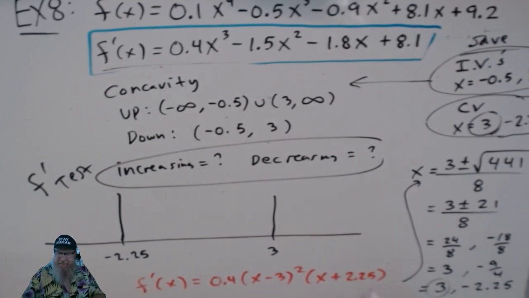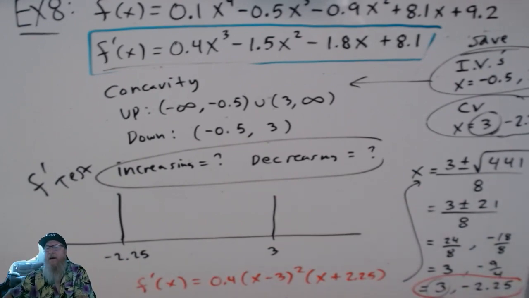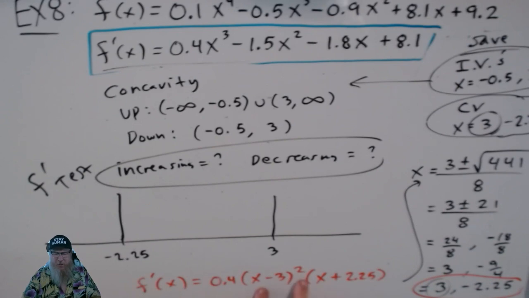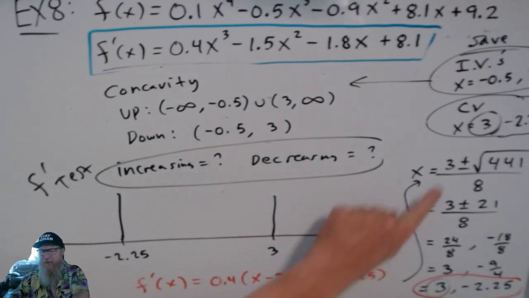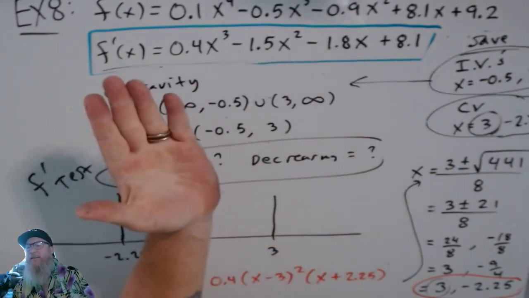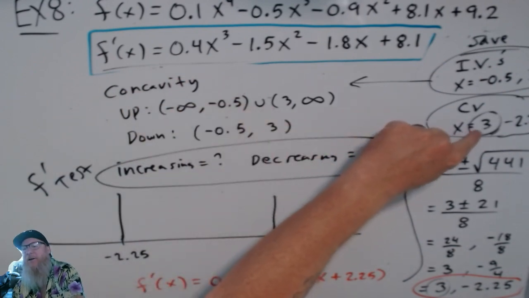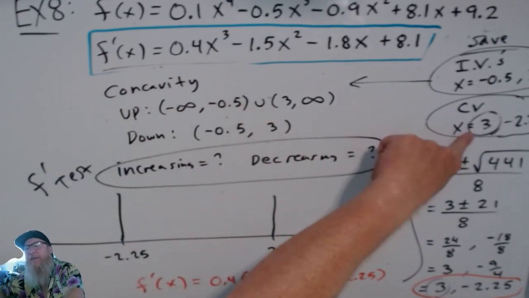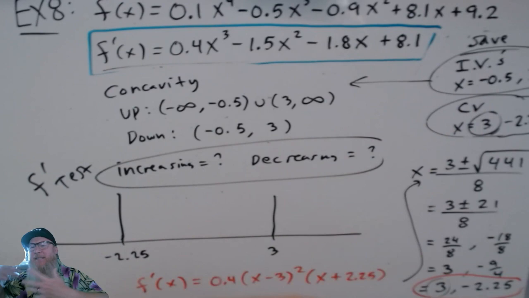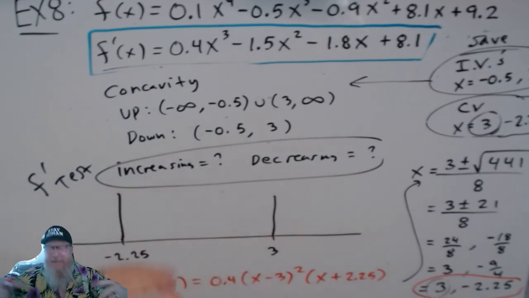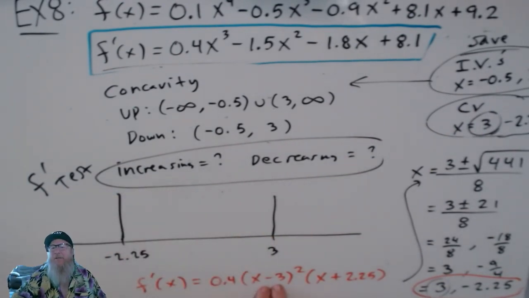So this is the factored form, right? And the reason why this one is squared is because it occurred twice. We had a critical value, and then we found that same critical value again. When the same critical value occurs twice, it means that that factor is being squared.